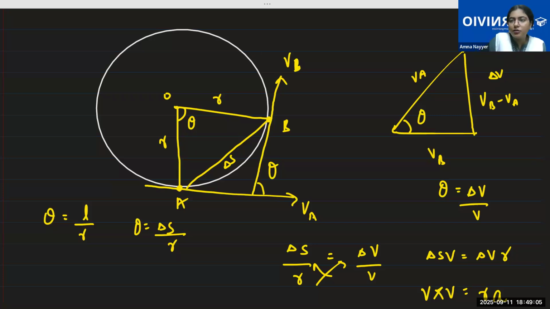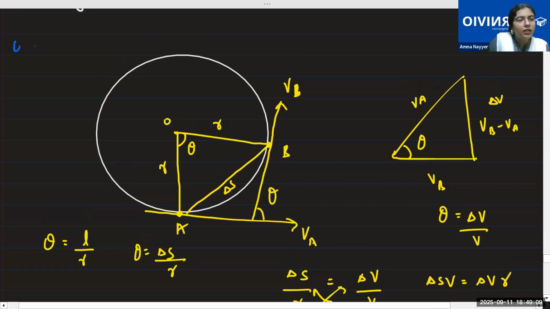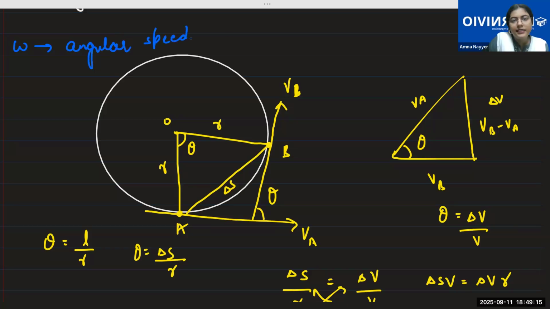While the angular velocity, this is the angular speed, this is axial. When I say axial, it means this acts at the axis. Like imagine a fan is rotating. There's the central axis of the fan, and the entire fan is moving.